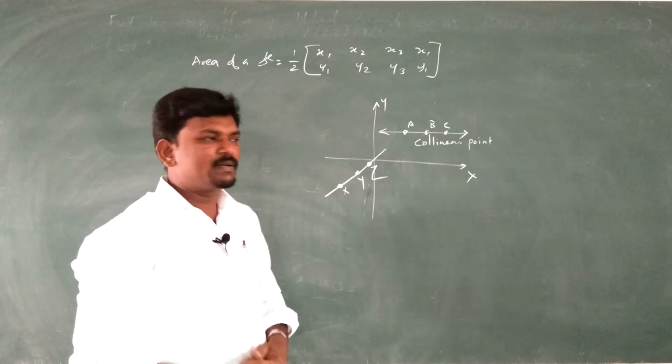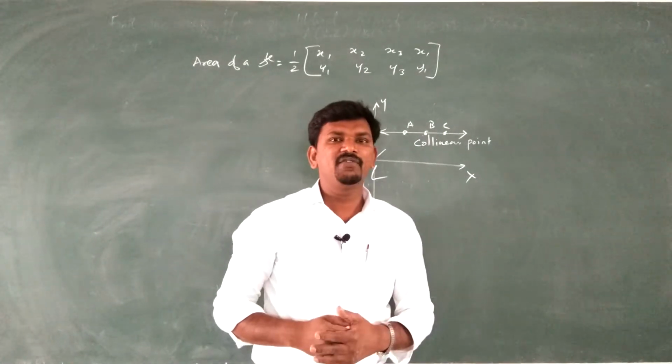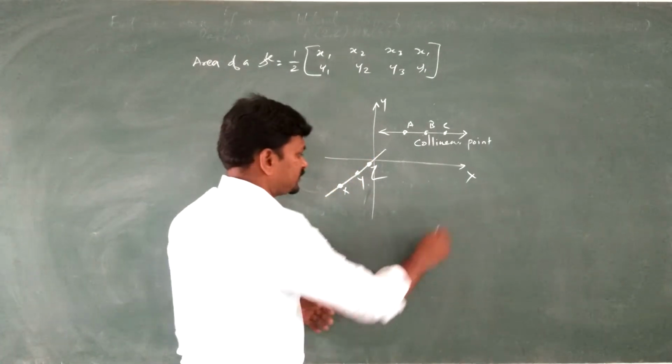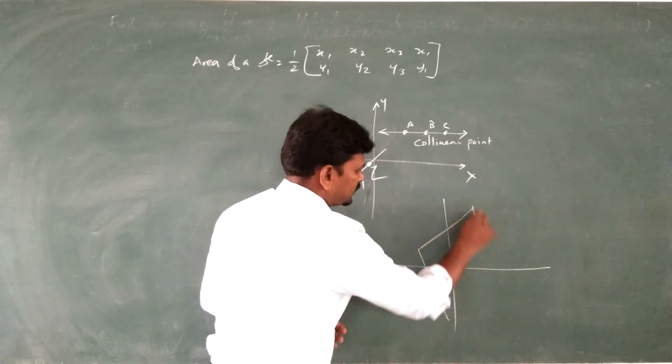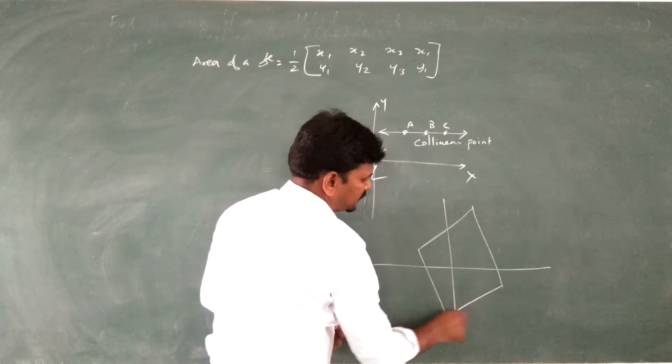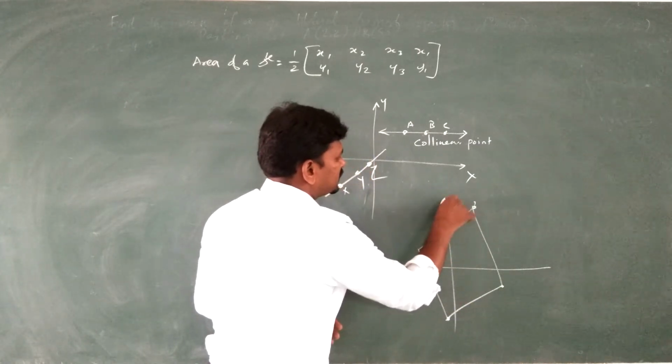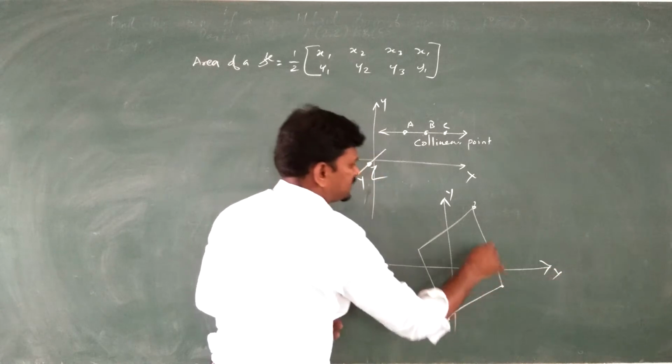Then what about the third one? The third one is area of a quadrilateral. Y-axis, x-axis.